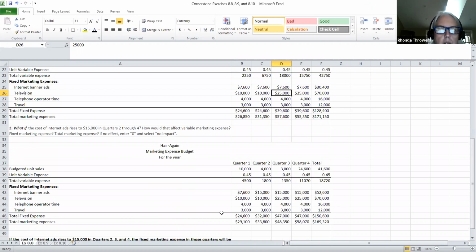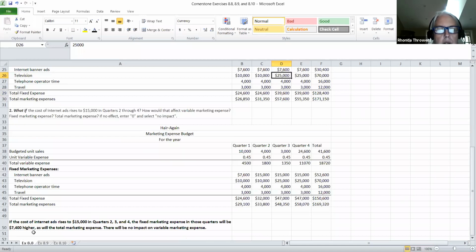So the remainder of this budget is exactly the same. So all I did is copy this budget down here and then plugged in what was different. The internet ads in quarters. Notice it says just quarters 2 through 4. So quarter 1 was not affected. So I just had to change it right here, class. Put in the amount. And then the rest of it operates the same way.